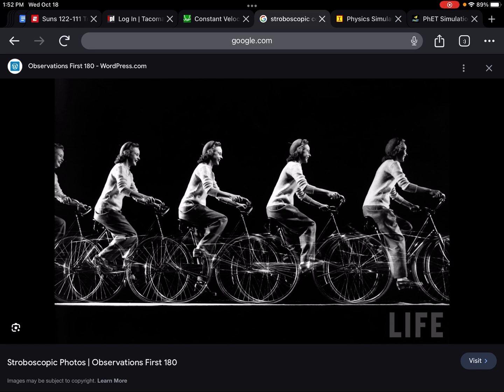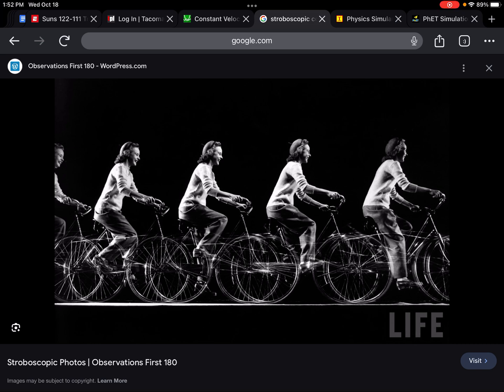Right? If you have a moving object, you're going to be able to see where that object is at each second. So if we take this picture as an example, all right, one camera set up in one position, taking a shot every second to see where that person is.